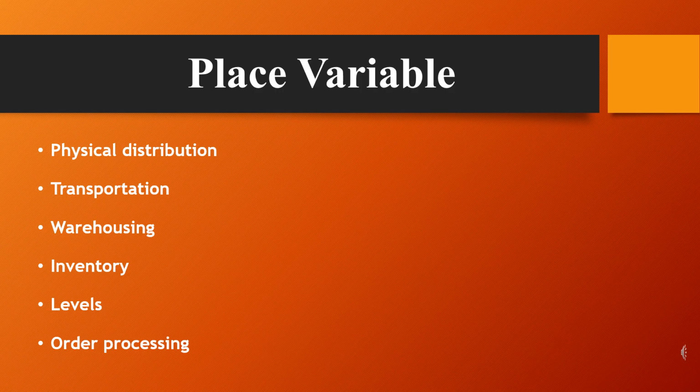This includes order processing, inventory management, warehousing, transportation and last mile delivery of the product. Order processing. Order processing is a comprehensive workflow that ensures a customer order is accurately received, managed and fulfilled from initial placements to the final delivery.